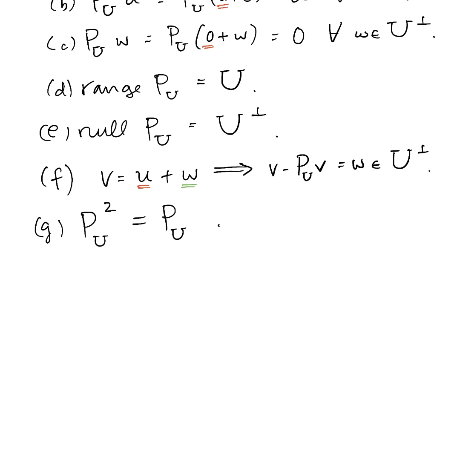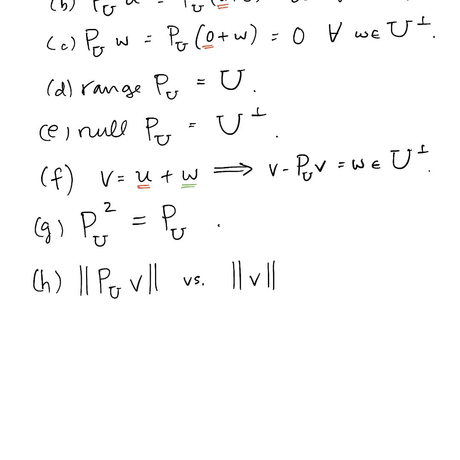All right, here's H. Let's think about the sizes of inputs and outputs. So I want to think about how the norm of the output compares to the norm of the input, right?